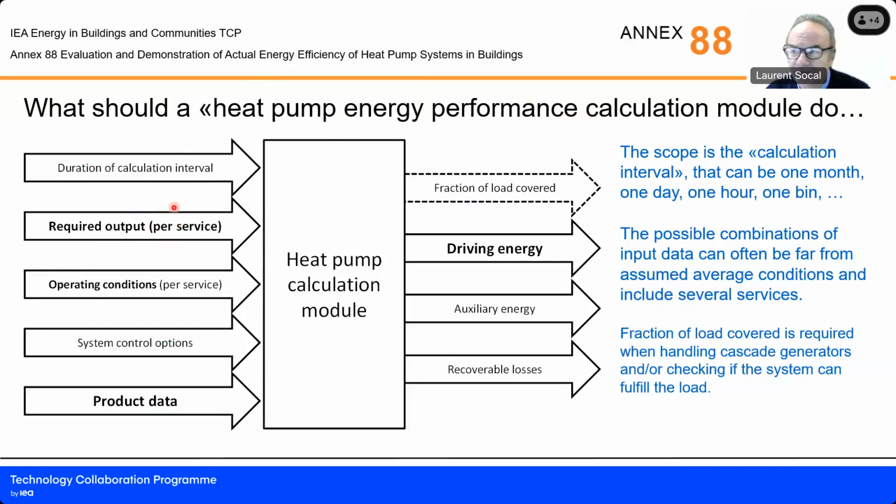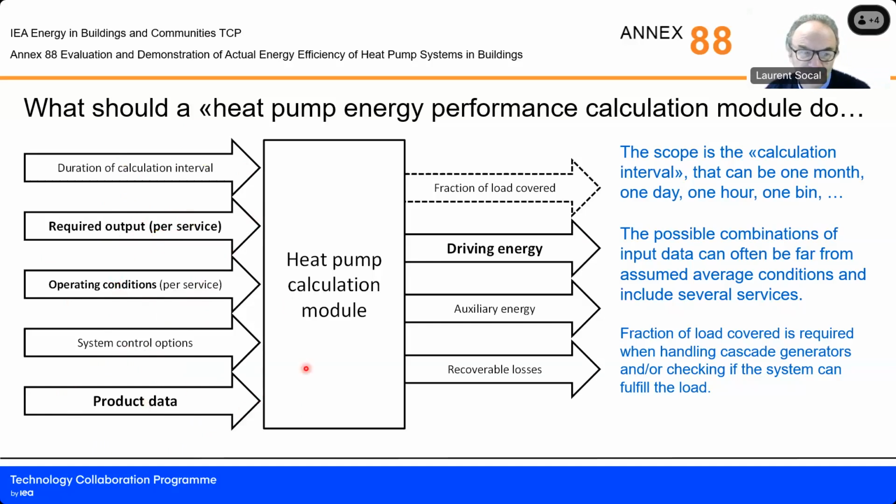You know that you are asked to provide an amount of kilowatt hours for heating, for probably cooling, for domestic hot water in a given calculation interval, and with given operating conditions, for example, a required leaving water temperature. And this is calculated by other parts of the calculation, taking into account system control options and product data.